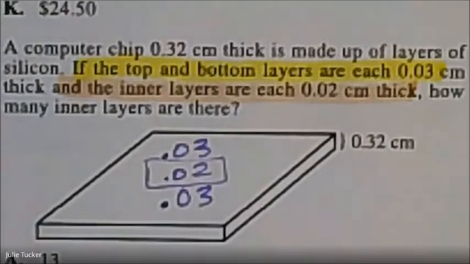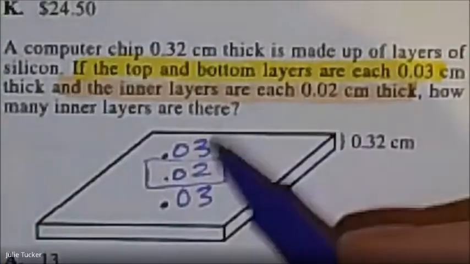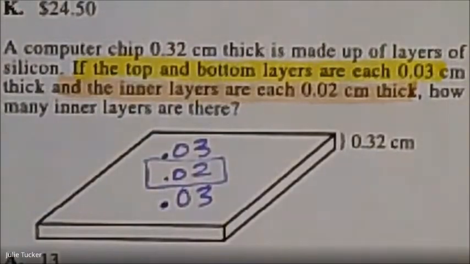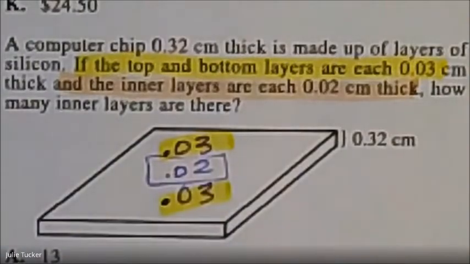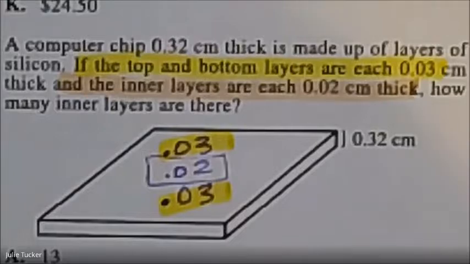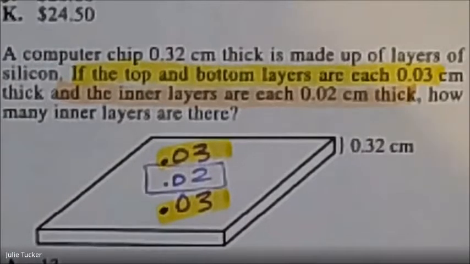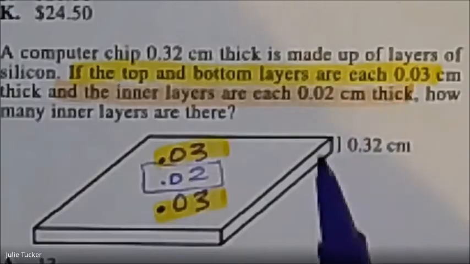So what could you do first with this problem? Yeah. Couldn't you, since you know that there's exactly 0.03 for the top and 0.03 for the bottom, couldn't you go ahead and add those together to start? Yeah. And that would be how much? Sure. So 0.03 times 2 is 0.06, right? Now what? Doesn't that have to come out of the total?